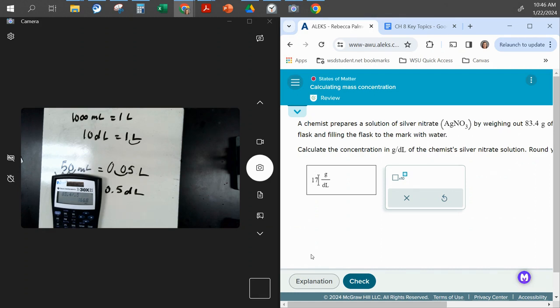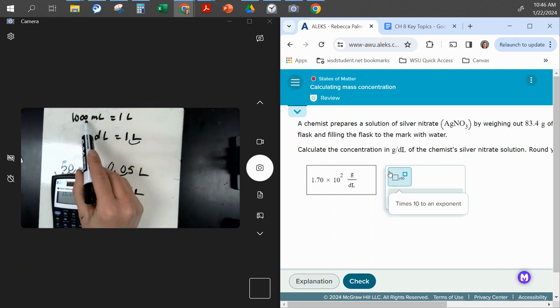I'm going to round to 2 sig figs, but this is not going to be acceptable for the system. So I'm going to have to move my decimal, 1.7 times 10 to the 2. To get deciliters from milliliters, you times by 10? Or do you... I have to do 2 steps because it doesn't make sense to me. Okay. So I went from milliliters to liters.